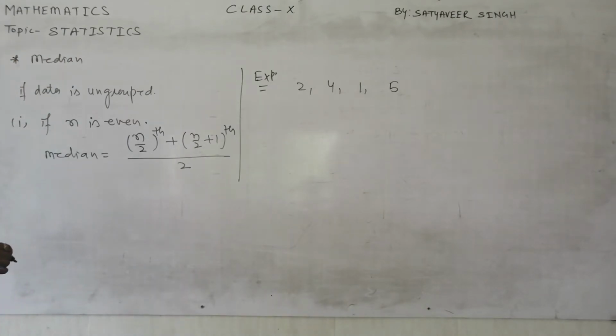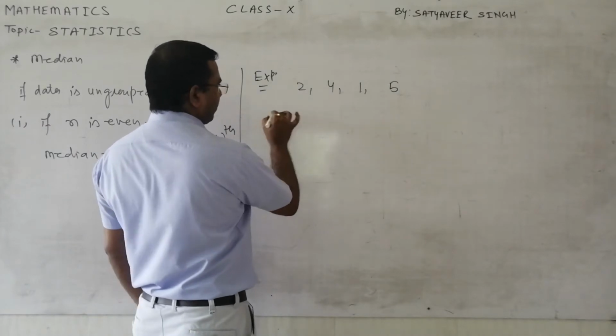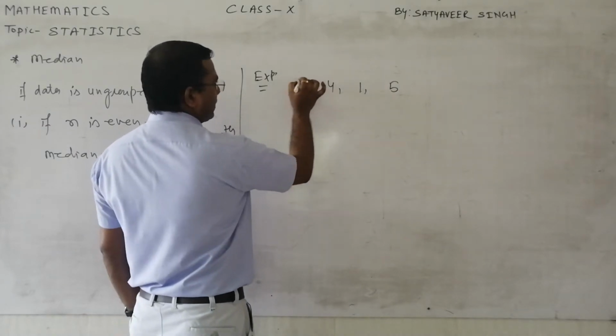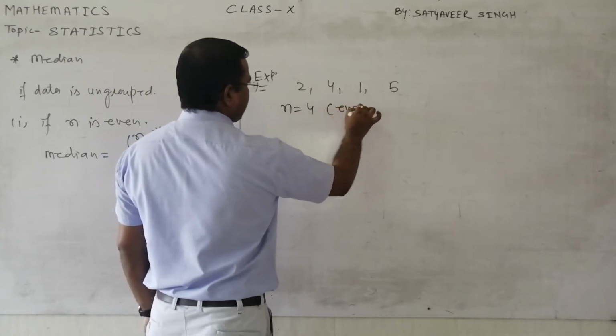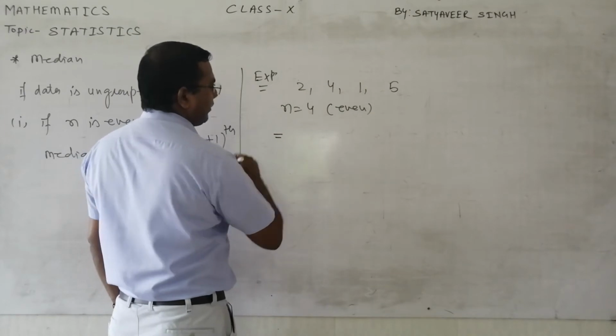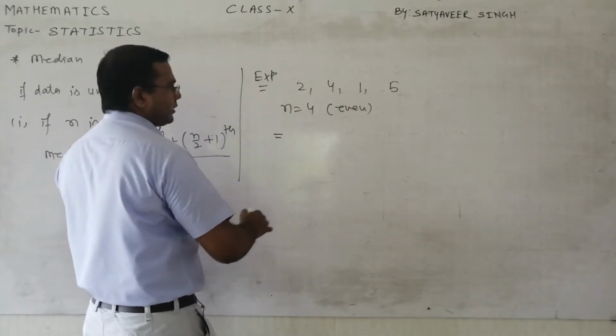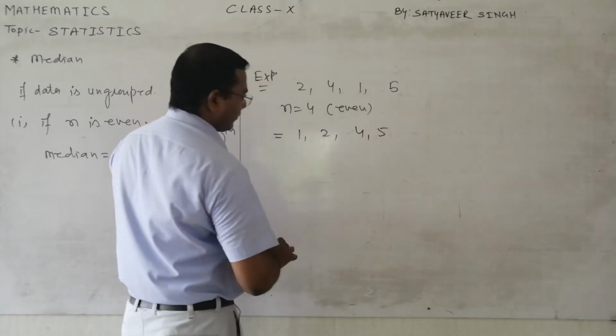So if we talk about the number of observations, it is 1, 2, 3, 4, yani n is equal to 4, that means it is even. Now first of all you arrange them in the ascending or descending order. So I can write it is 1, 2, 4 and 5.